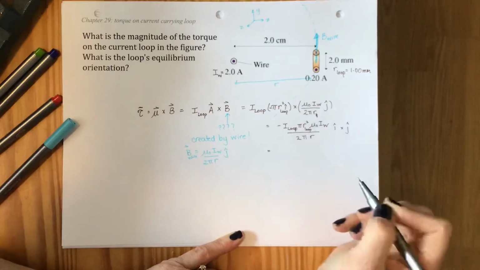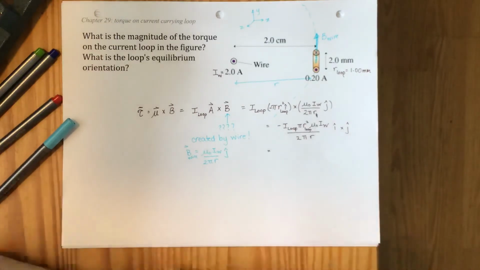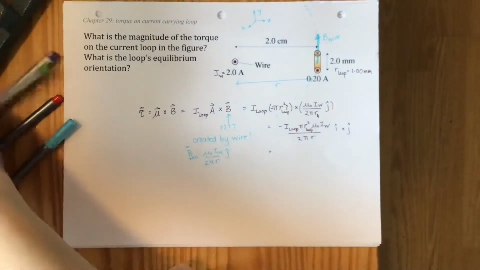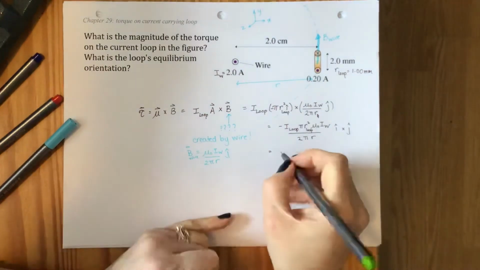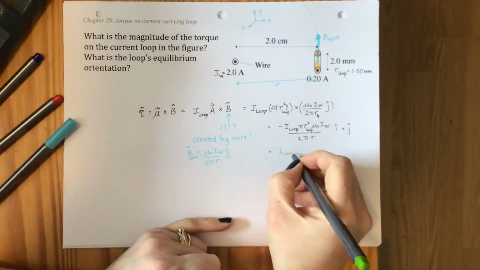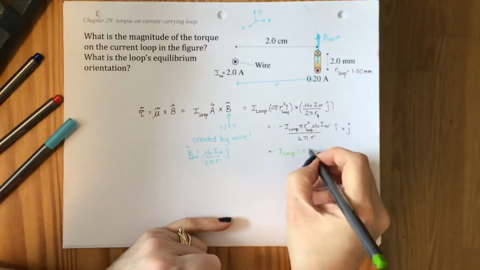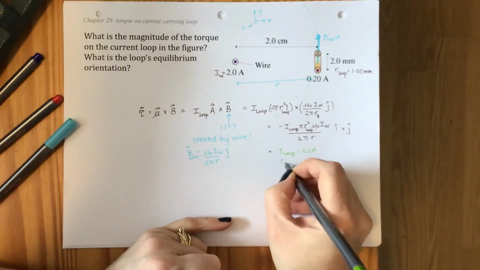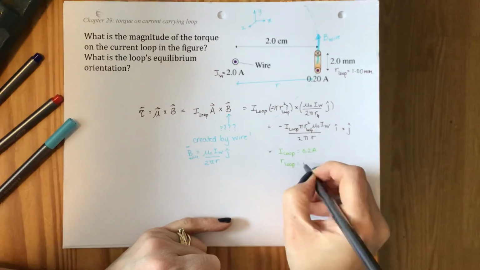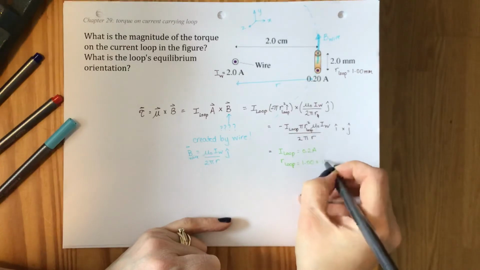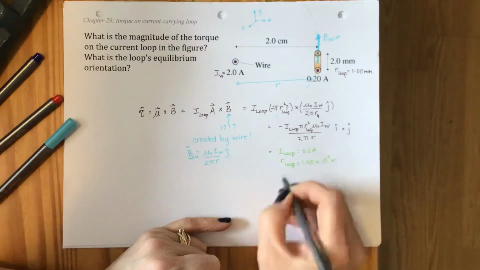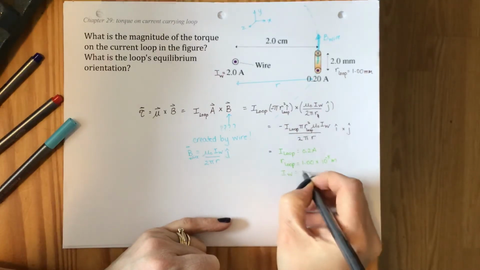So all of our numbers we can fill in here. I don't think I'm going to write them all down, but let's just make a list so we don't go astray. So I of the loop equals 0.2 amps. R of the loop equals 1 millimeter, or 1 times 10 to the minus 3 meters. I of the wire is 2 amps.